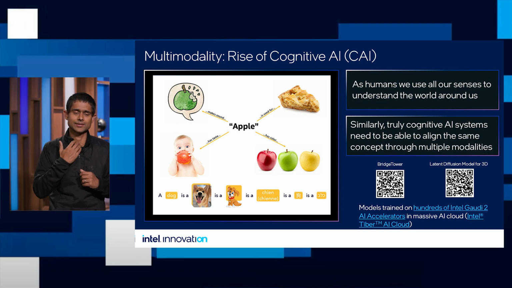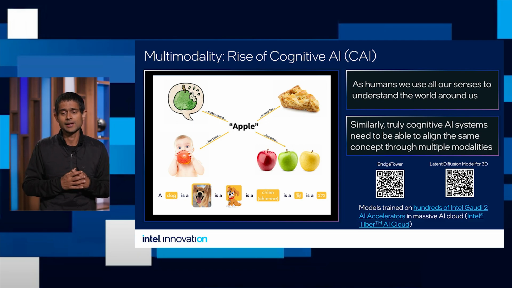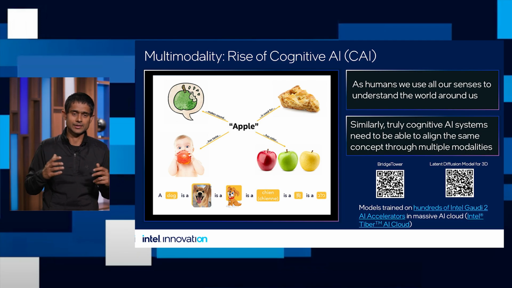So we are very excited that we are able to show this in human brain data, and we are able to do this by training models on really large clusters that are powered by Intel Gaudi AI clusters on millions of examples of multimodal data. And we are very excited to show the art of what is possible as we now scale out to Gaudi 3 clusters in the coming year.